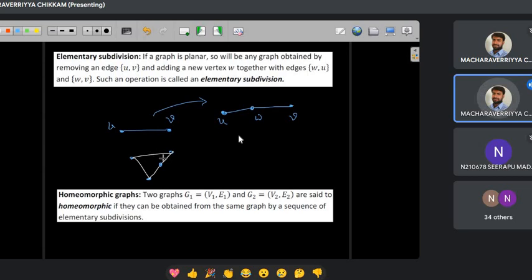You can take many subdivisions. Here itself you can take one more. Here itself you can take one more. Now we are going to say that this graph is homeomorphic to K3. Why? Because this graph is obtained by taking elementary subdivisions of K3. Therefore, we say that this graph is homeomorphic to K3.